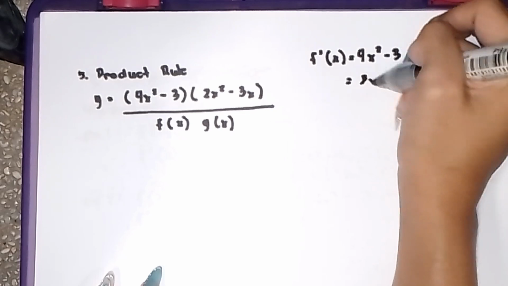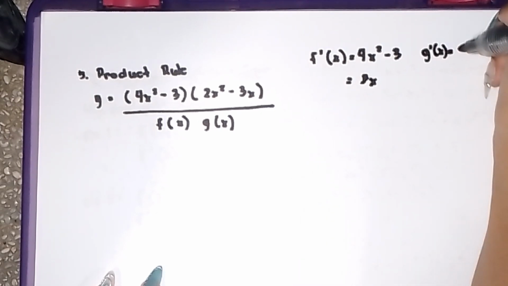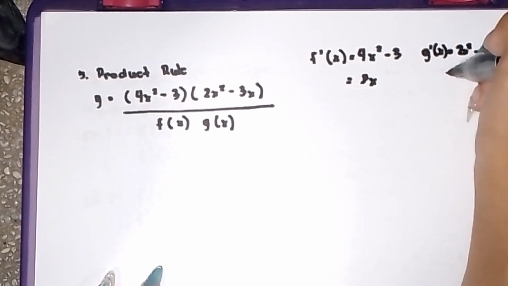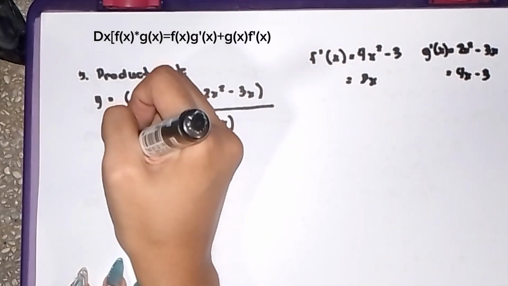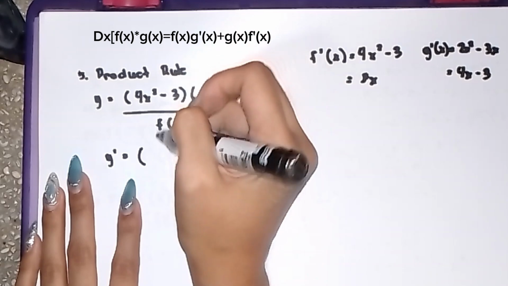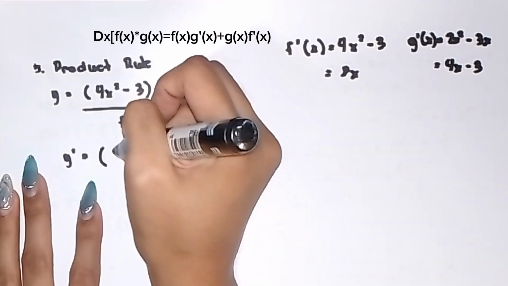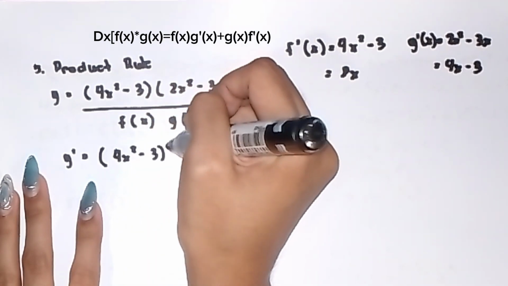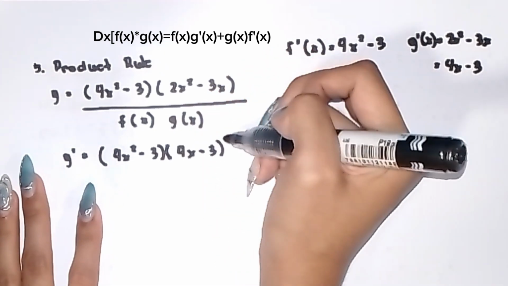The derivative of f of x, 4x squared minus 3, is equal to 8x. For g of x, we have 2x raised to the power of 2 minus 3x, and its derivative is equal to 4x minus 3. To solve the product rule, we need to follow the formula: f of x multiplied by the derivative of g of x, plus g of x multiplied by the derivative of f of x.